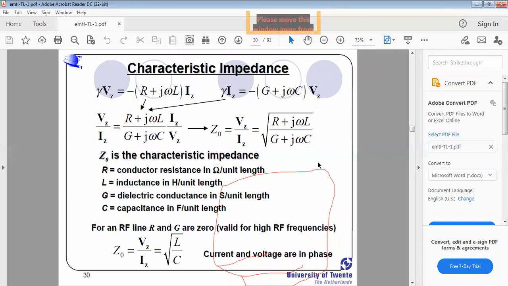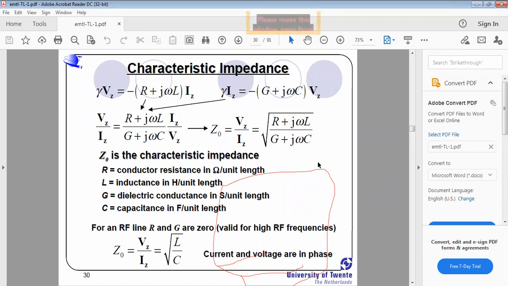See here, characteristic impedance. From the above expressions, gamma into Vz equal to minus of (R plus j omega L) into Iz. Similarly, for currents, gamma into Iz equal to minus of (G plus j omega C) into Vz. What is meant by characteristic impedance from the above expressions? Vz by Iz, right? Simply take the ratio, gamma into Vz by gamma into Iz, equation 1 by 2. Vz by Iz equal to (R plus j omega L) by (G plus j omega C).